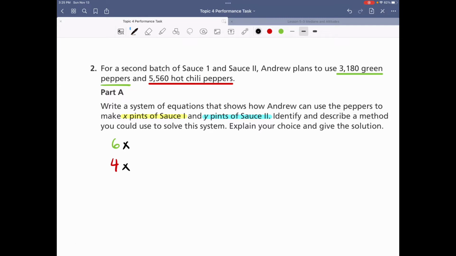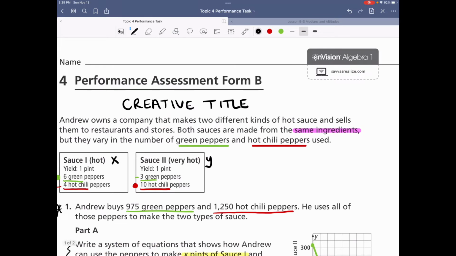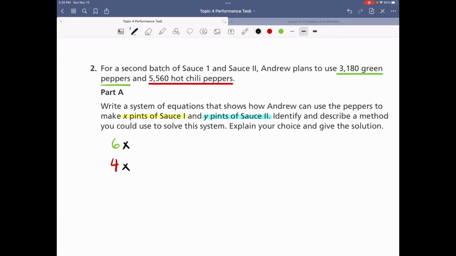And then I'm going to check for the Y's. 3 and 10. So 3 green peppers, 10 red peppers for the sauce 2 batches. Basically, that is our setup.